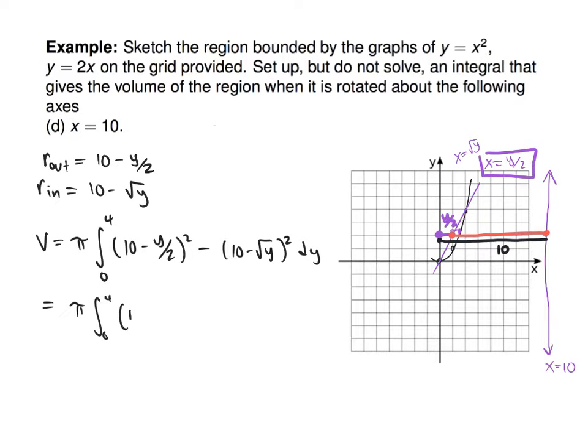Okay, so it's going to be 100 minus... Do you guys agree with the 10y? The trick is you do this number times 2, right? Okay, and then plus y squared over 4, minus 100 minus how many root y's? And then plus y.